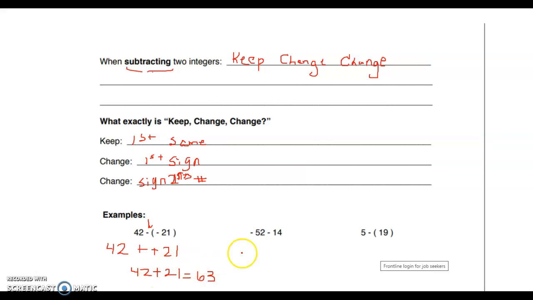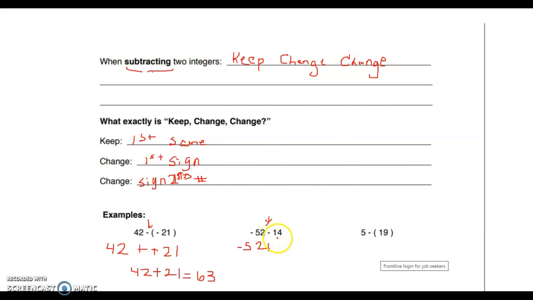All right, let's do another keep, change over here. I notice that I'm subtracting. Now in this case, I'm going to keep the first number the same. This is negative 52. I'm going to change the sign in the middle, so I'm changing it to a positive. And now look, I notice this 14 is actually going to be negative.